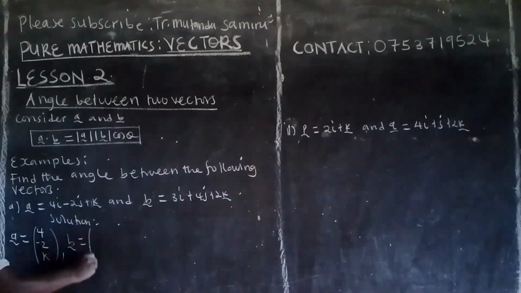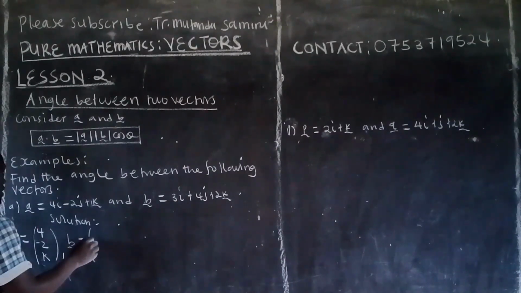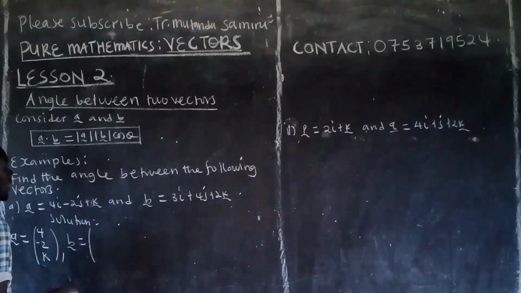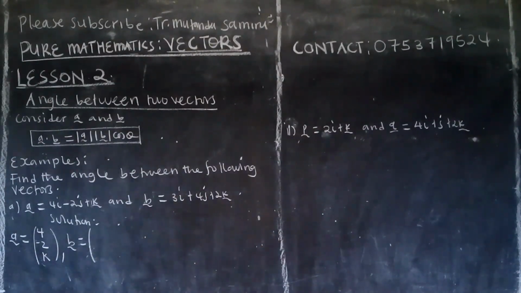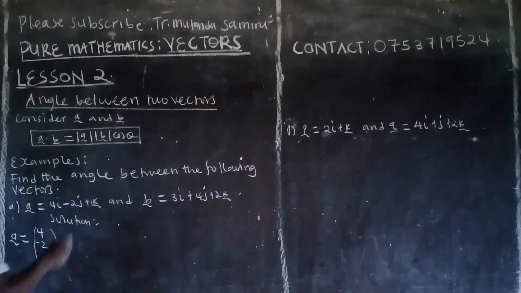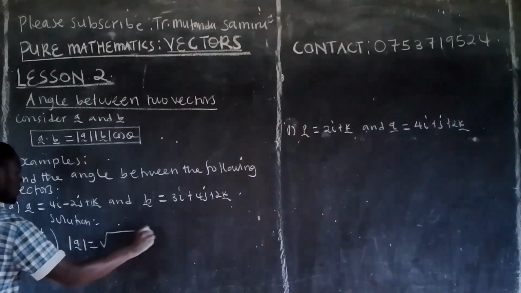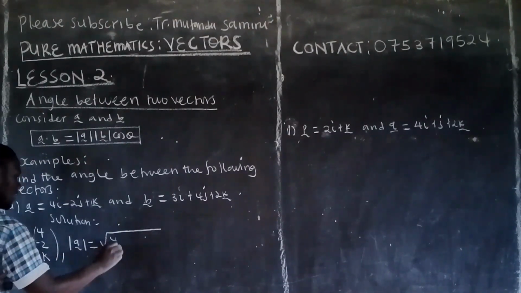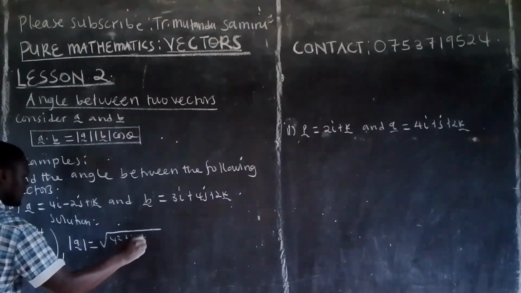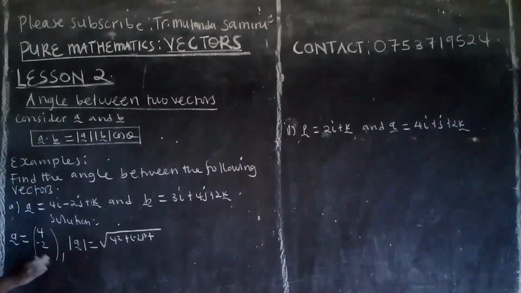B vector will be equal to... Okay, now since our formula bears the magnitudes, let's be getting the magnitudes at once. So we need the magnitude of A. So I come forward and I say magnitude of A will be the same as this: square root of 4 squared plus negative 2 squared plus, oh, this is not K, it is a 1, sorry.